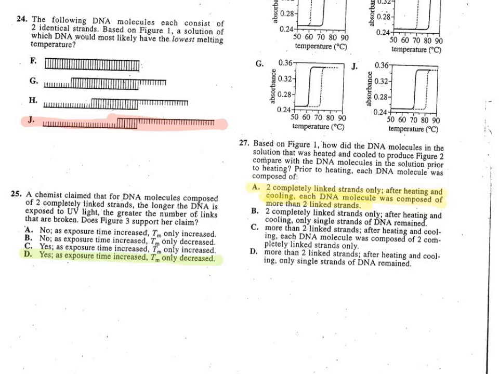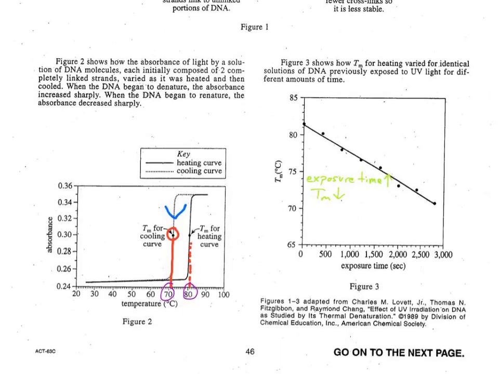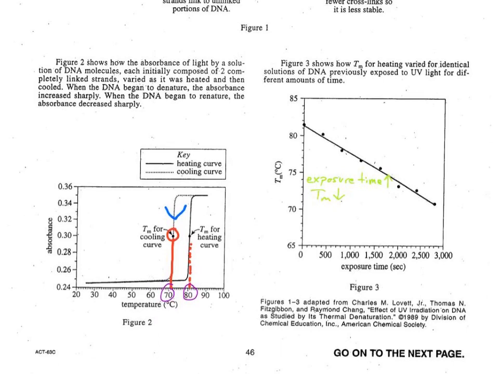Question 25 is asking us if figure 3 supports the claim that two linked strands exposed to UV light will gradually break more and more bonds the longer they're exposed to the UV light. So we need to go to table 3, and in table 3 we notice that the trend is as the exposure time goes up, the melting temperature goes down.